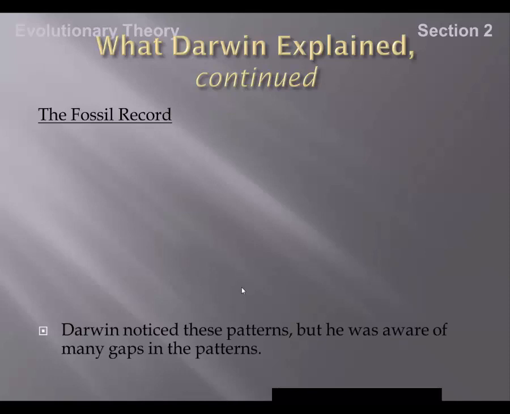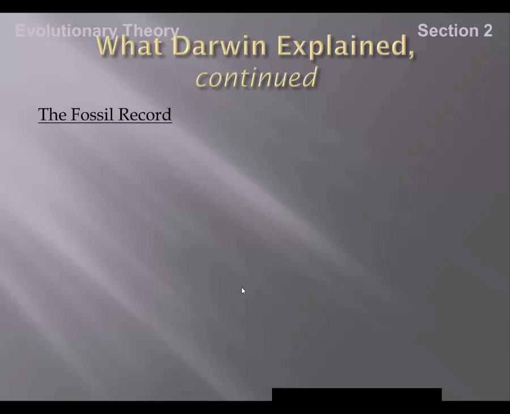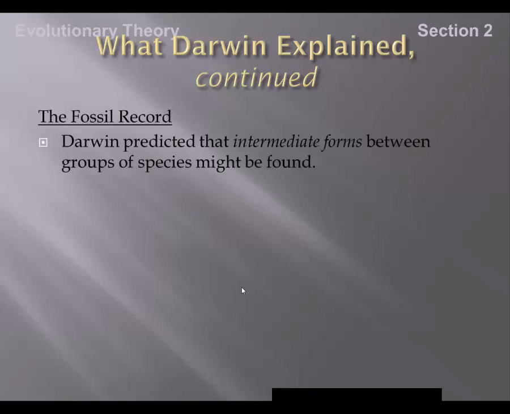Darwin noticed that the patterns occurred, but he was unaware of the many gaps in the patterns. Based on the fact that there were very many holes in that fossil record, he predicted that intermediate forms would eventually be found over time.